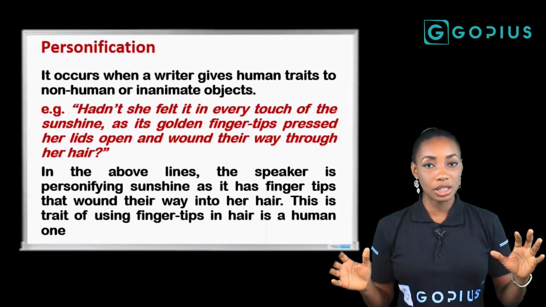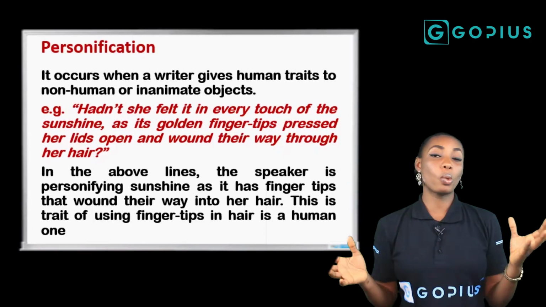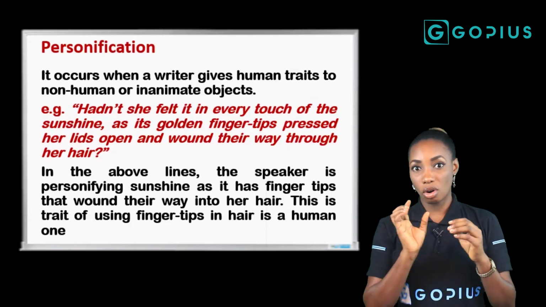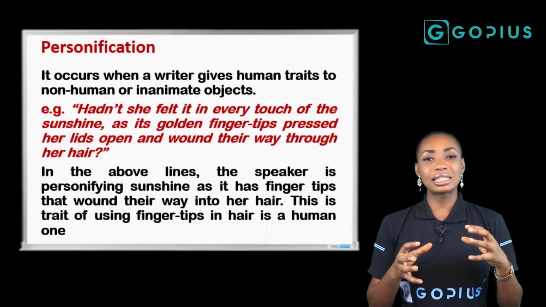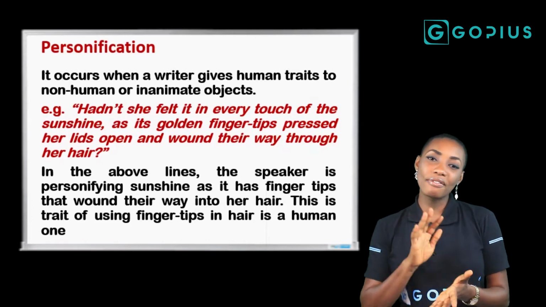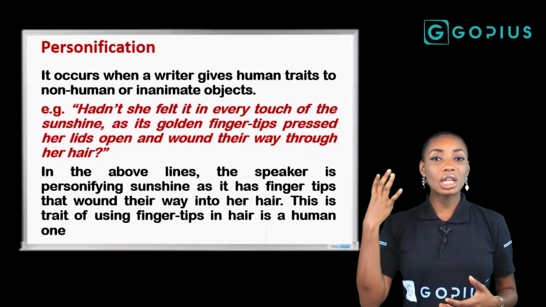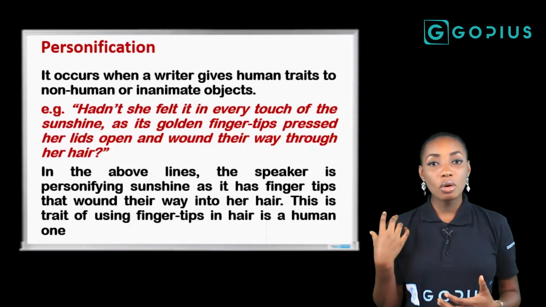It's just an object. What do scientists say about the sun? It's just a coming together of gases, very hot gases, I must say. So it's being given human attributes of having fingertips that you can use to touch and put through the hair of a woman.